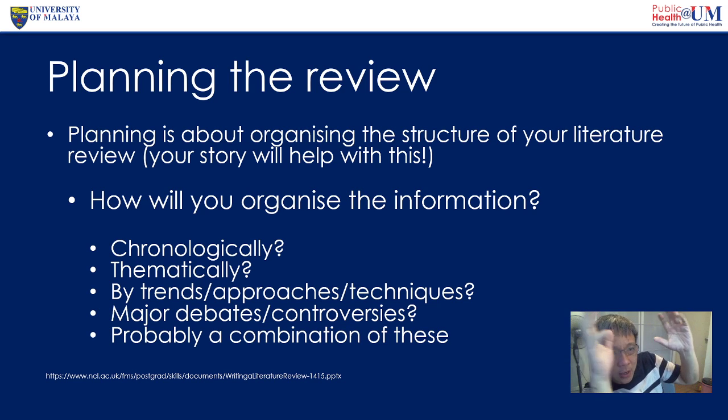Then you can say, okay, in 1995 we had only 4%, in 1996 it became 8%, and so on and so forth. That is chronological, but that's only for one or two paragraphs. It shouldn't be the whole literature review. The whole literature review should be based on themes, so thematic is what you need to focus on.